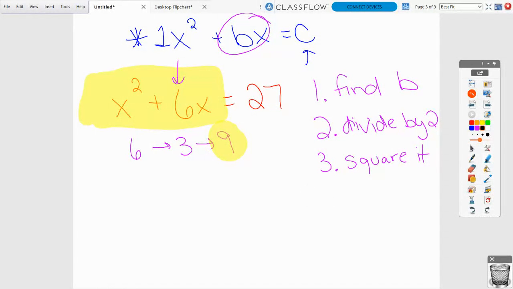Now, I can't just add it to one side and still be talking about the same problem. So if I want to add that 9 over here, just like any of our other equation rules, I'm going to have to add it on the other side of the equation. So our next step is going to say to add that to both sides.